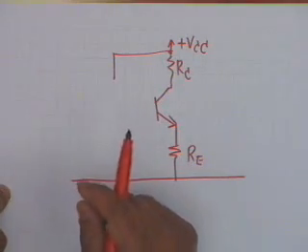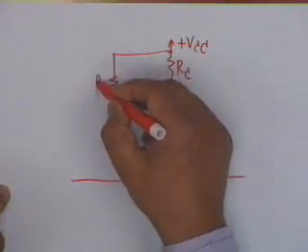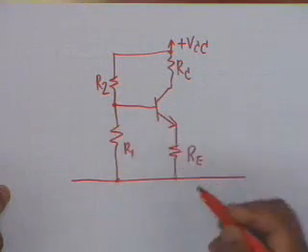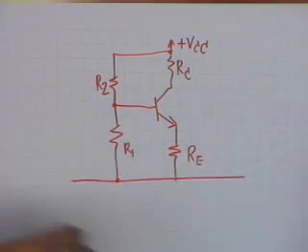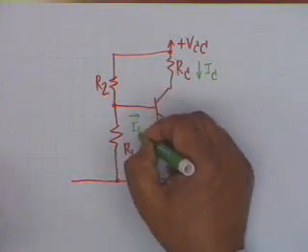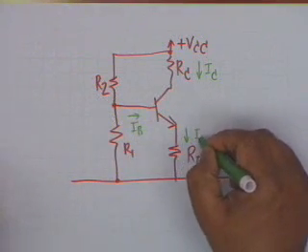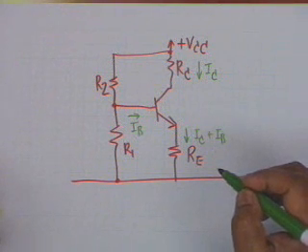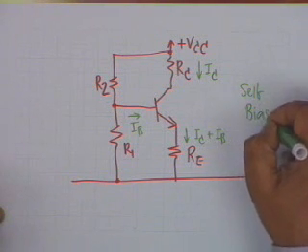If it is PNP, then it would be the negative supply. Then you have a resistance R2 here, and the resistance from here to ground is R1. This is the circuit, and this current is I sub C, this current is I sub B, this current obviously by KCL is I sub C plus I sub B, and the total circuit is known as the self-bias circuit.